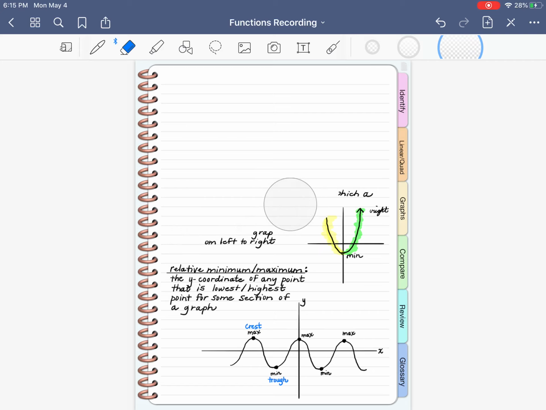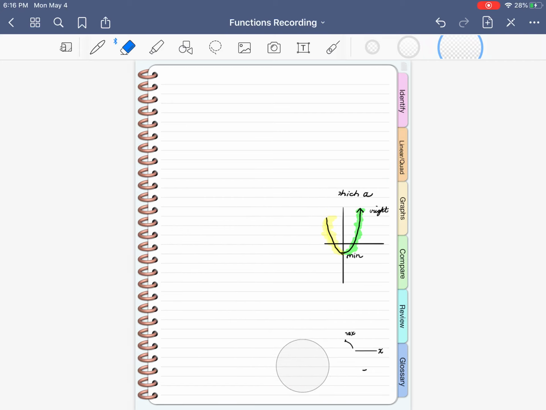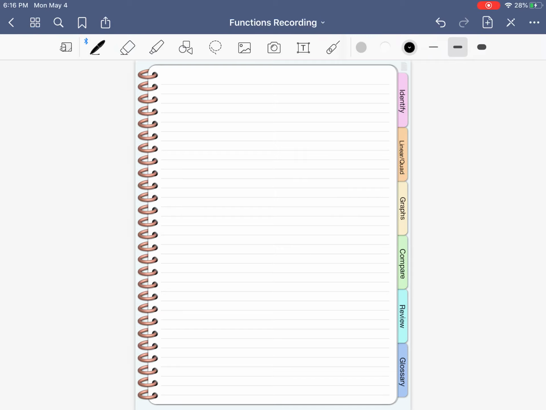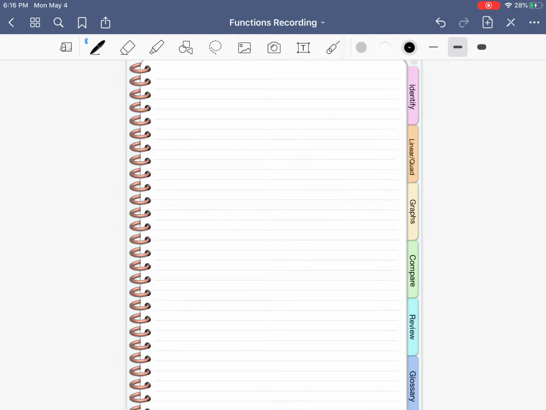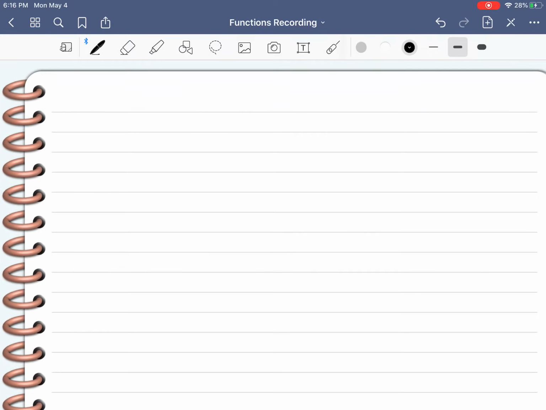End behavior is focusing our attention on the ends of a graph, on where the line starts and stops. So end behavior. This one is almost so obvious that it's unnecessary, but the textbook uses it, so I will also give you the definition.